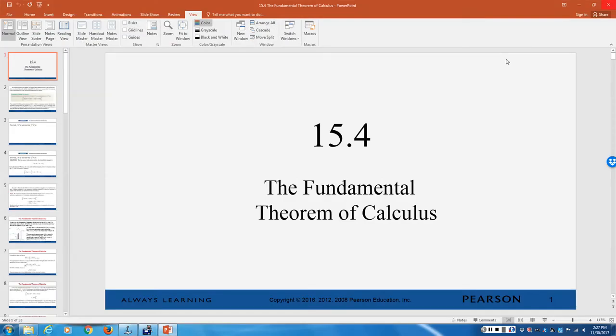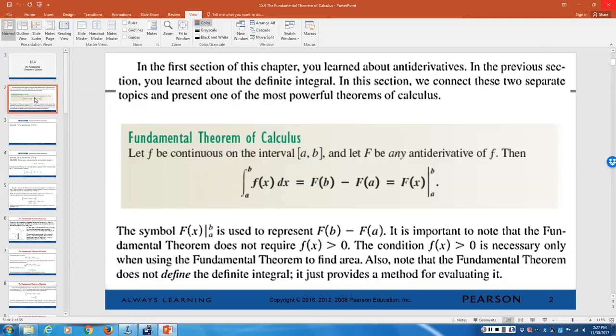So at this point we need to talk about something called the fundamental theorem of calculus, but I'm not going to make you memorize it. I'm not going to expect you to explain it to me. I want you to know how you can use it. This basically is an explanation of how to calculate a definite integral.